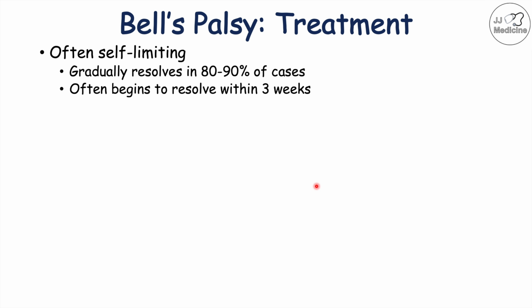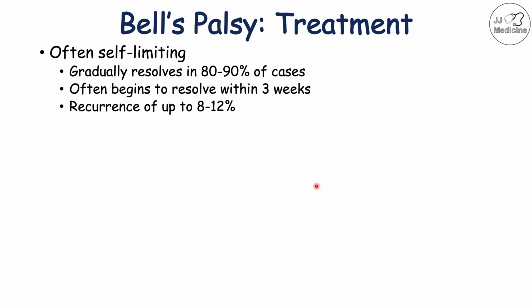And the resolution often begins within 3 weeks. Now, if there is no improvement of symptoms until later, if it takes many months to actually see some improvement of symptoms or findings from Bell's palsy, it's less and less likely that there will be resolution, or less and less likely that it will be a complete resolution of symptoms.